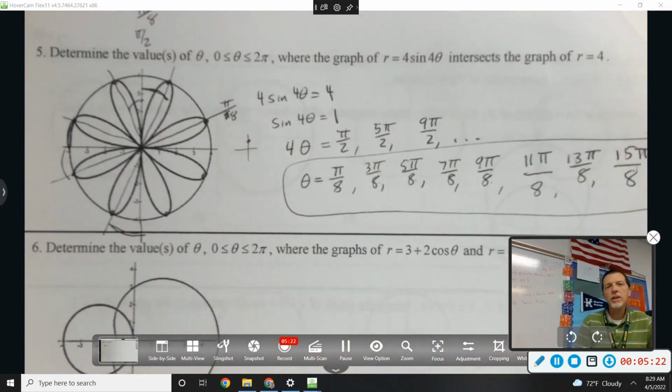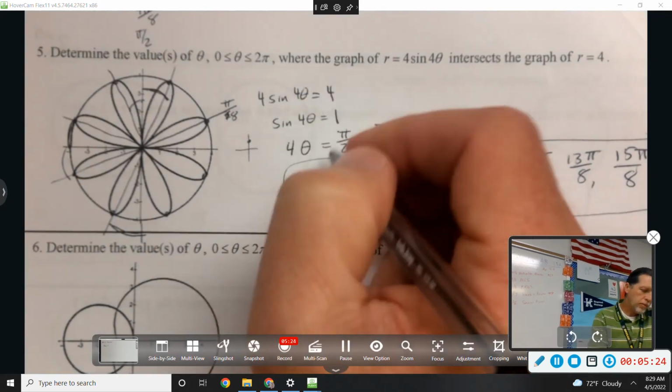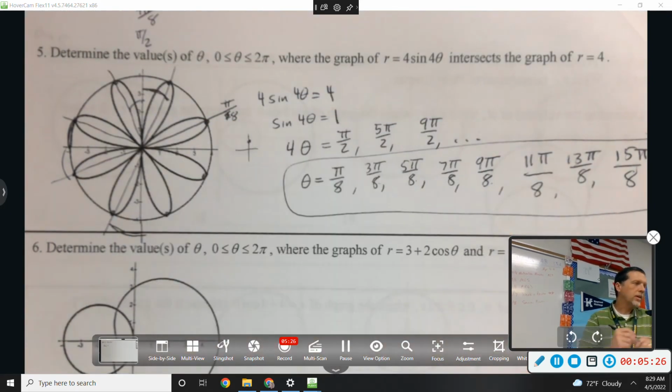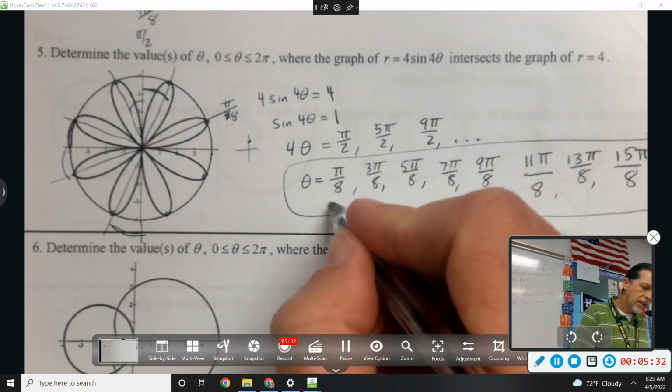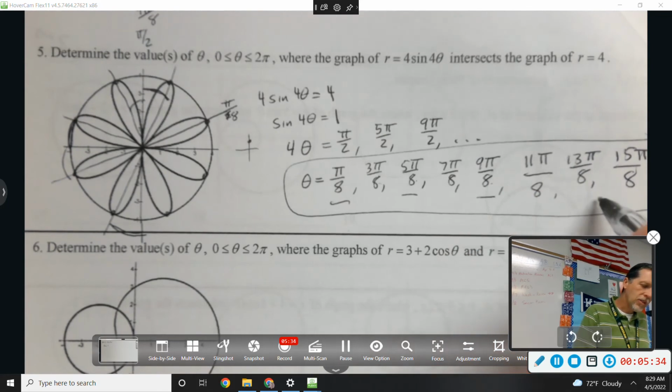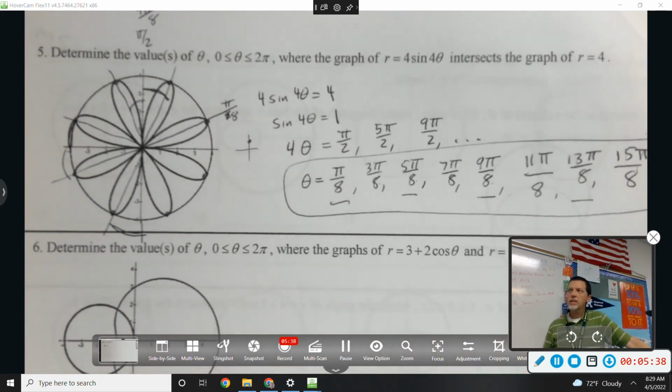So it's a combination of equation work, but also picture work to get all of the answers. If all you do is equations, you will get some of the answers, but you might not get all of the answers. Can you do number 8?